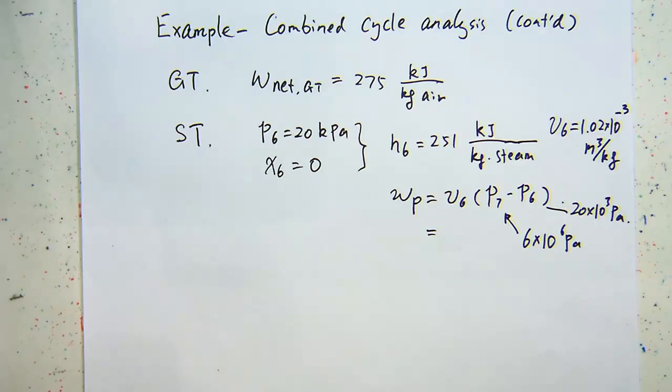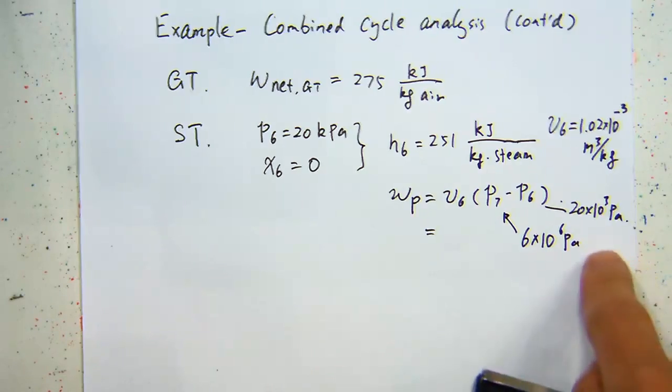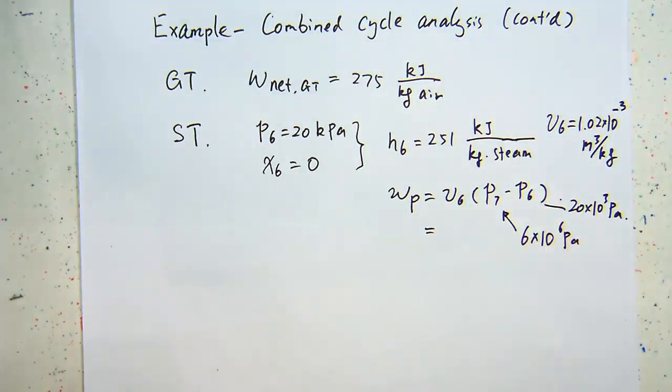For volume, it will be cubic meter, not cubic centimeter. For pressure, it's Pascal, not megapascal. So you convert everything to the basic metric unit, then you end up with joule and watts. So don't deal with kilojoule and kilowatts. If you really know how to do it, then that's fine, but the safest way is just to deal with everything in the basic unit.